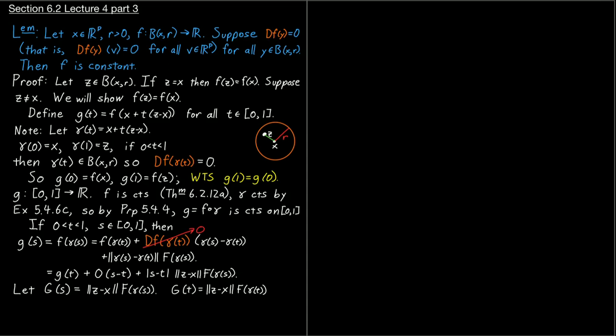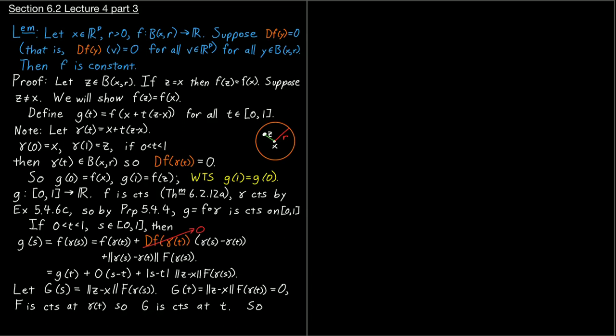Since this is the f coming from the df of gamma of t, this must equal 0. And also, f is continuous at gamma of t by definition of derivative, so g is continuous at t.